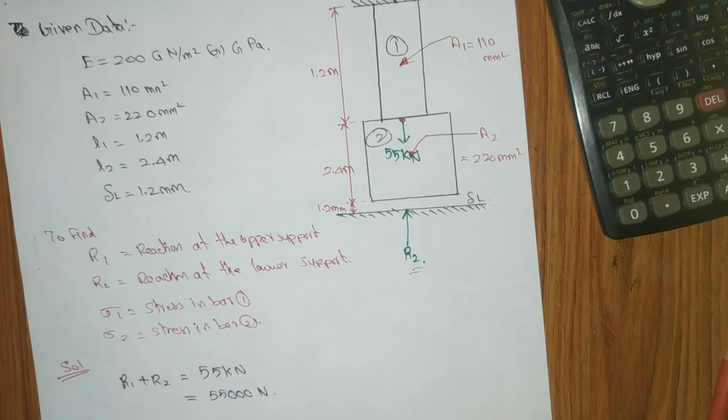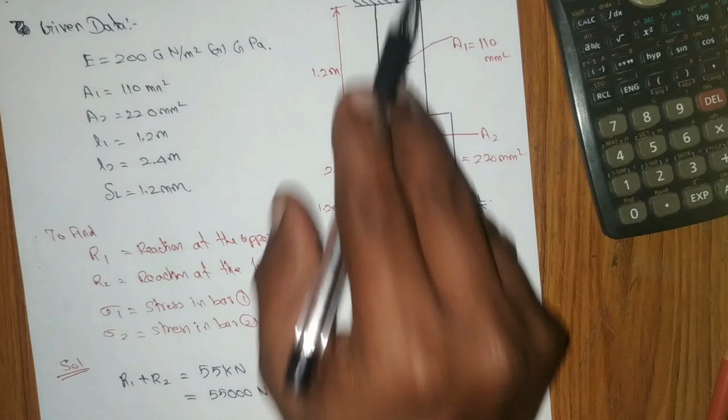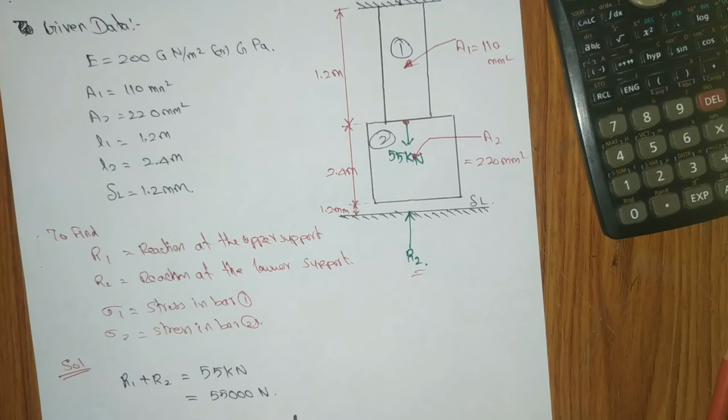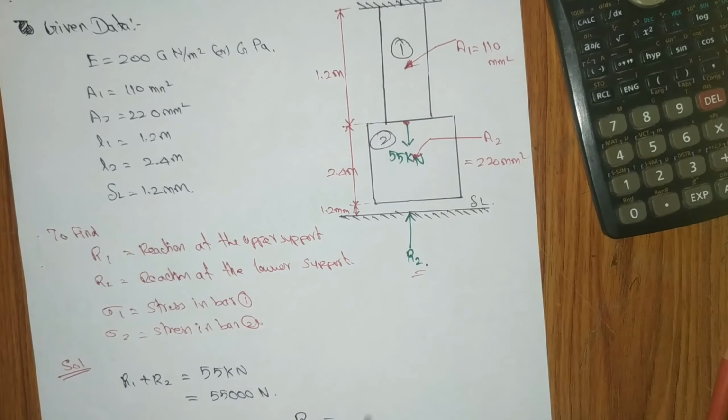For bar 1, the total force, the reaction produced R1, is equal to the tensile load.